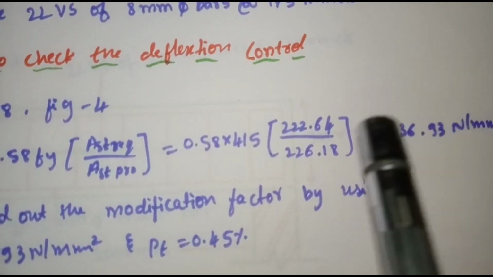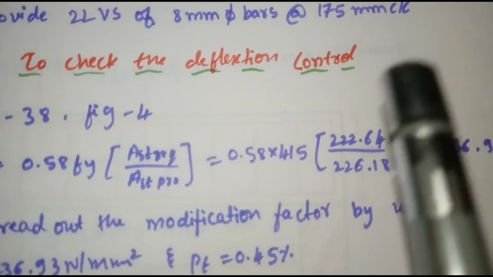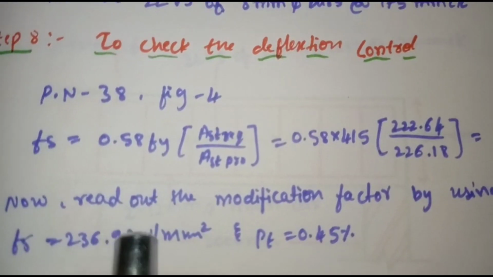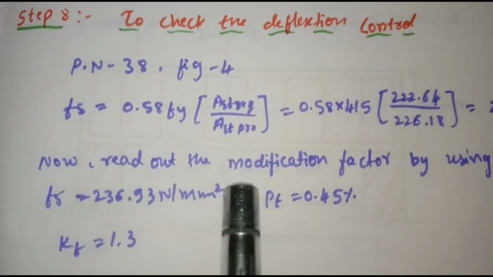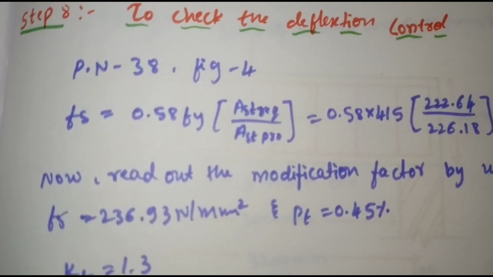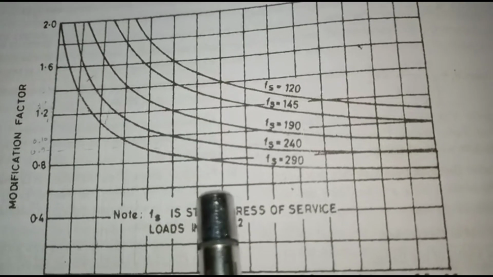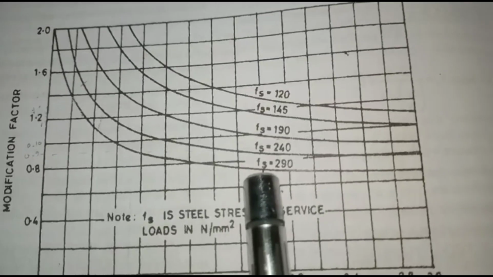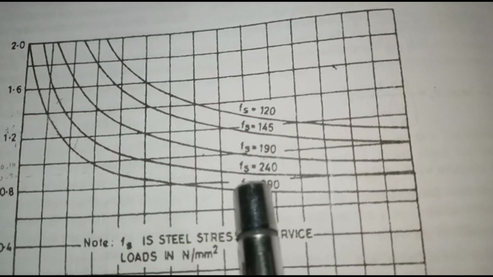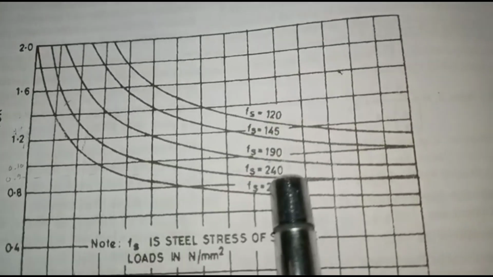So now by using this Fs value and our PT value, we'll find out the modification factor by using that chart. Our Fs value we got is 236, so it comes near to this curve, Fs 240.